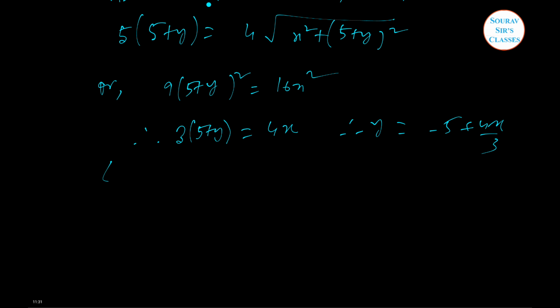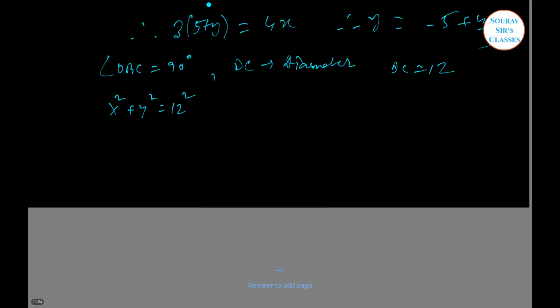Now angle DBC is 90 degrees. This is very important. So DC equal to diameter. DC equal to 12, as radius equal to 6, so DC must be 12, so we can write x square plus y square equal to 12 square.